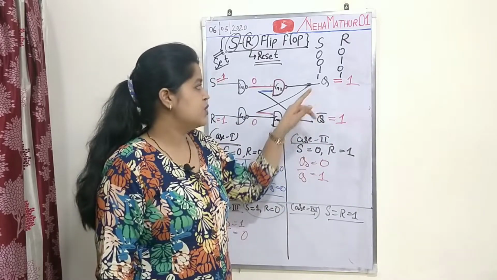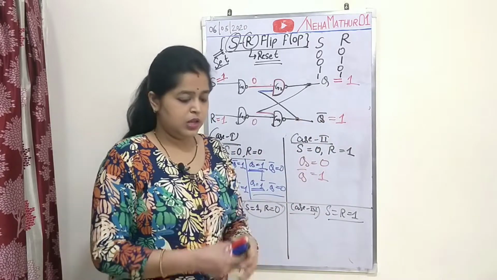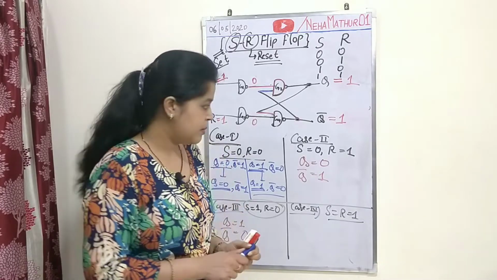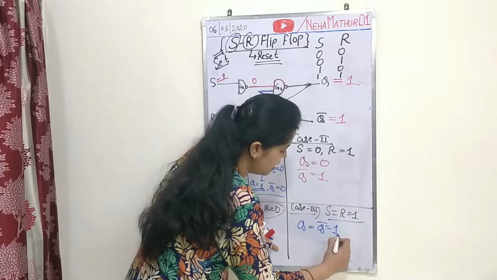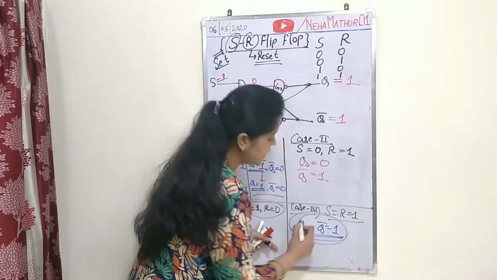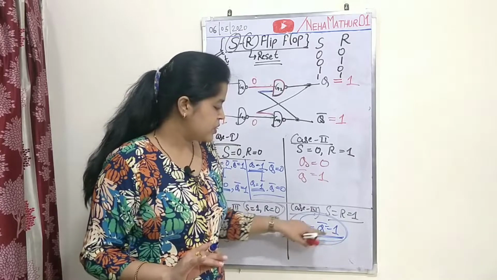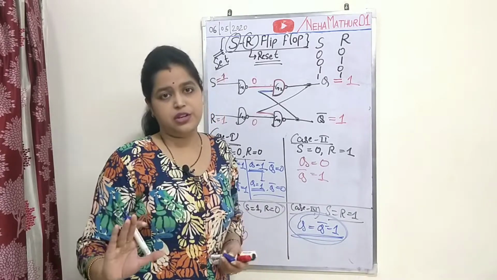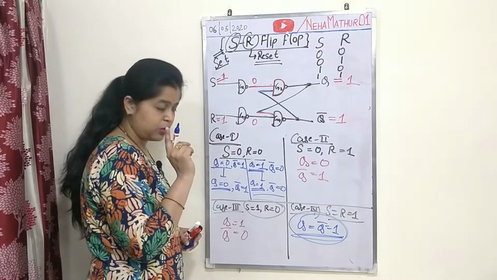Here you are observing that both are equal to 1, which is practically not possible. So here Q equals Q bar equals 1, and such a state cannot be defined.